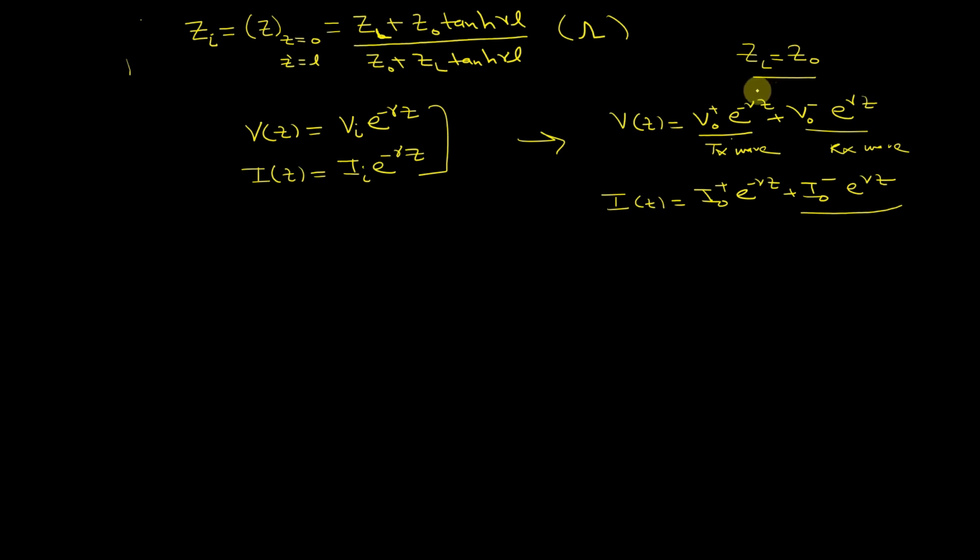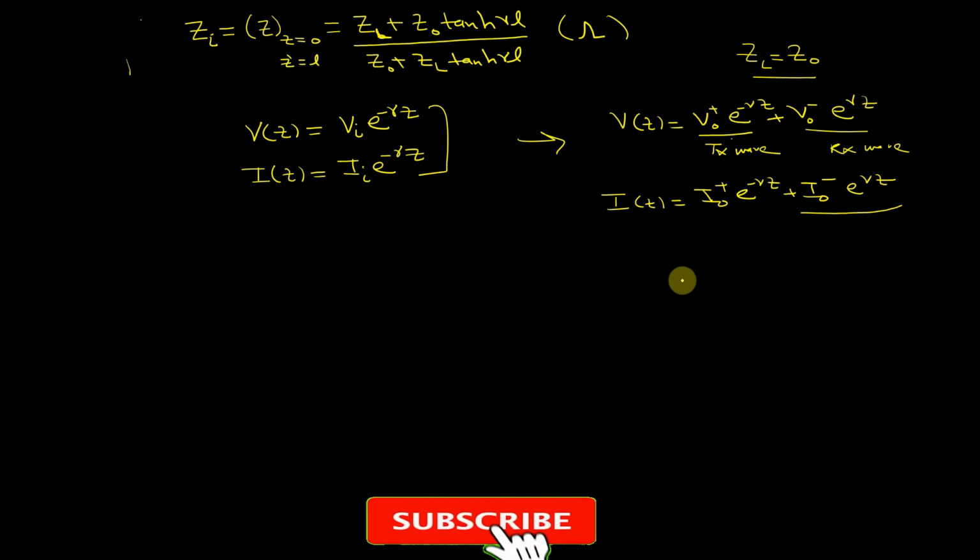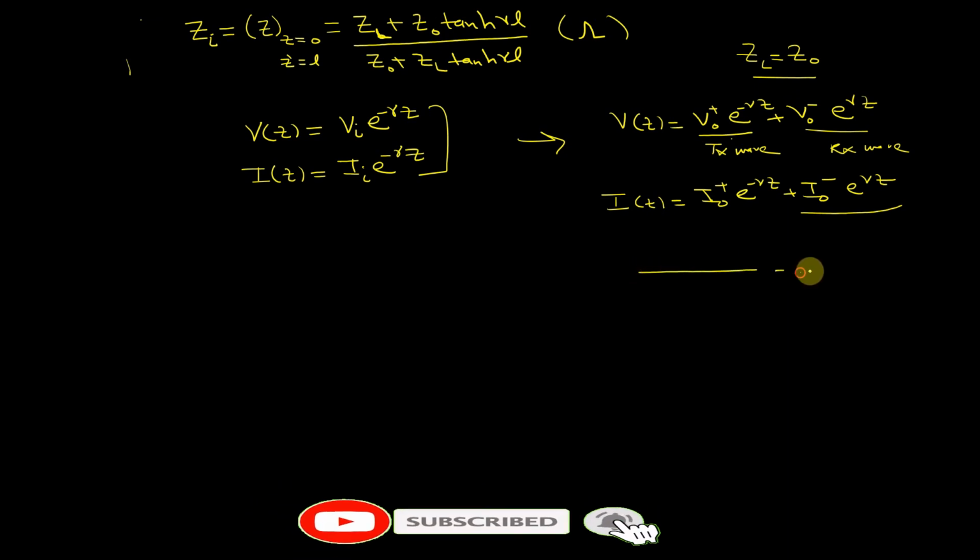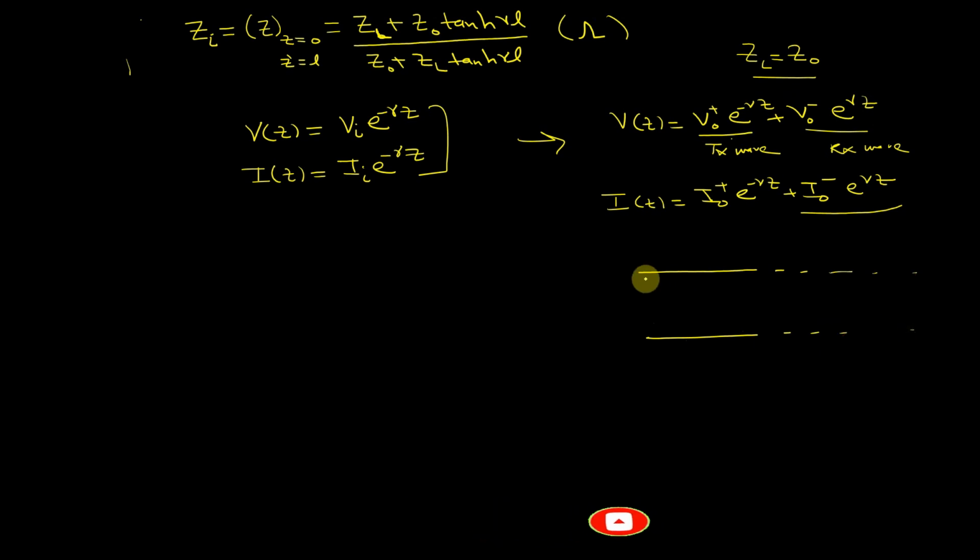We have already studied that in the case of the infinite transmission line, this transmission line is extended to infinity. We do not have the reflected wave, only the transmitted wave is there. Nothing will be reflected back.